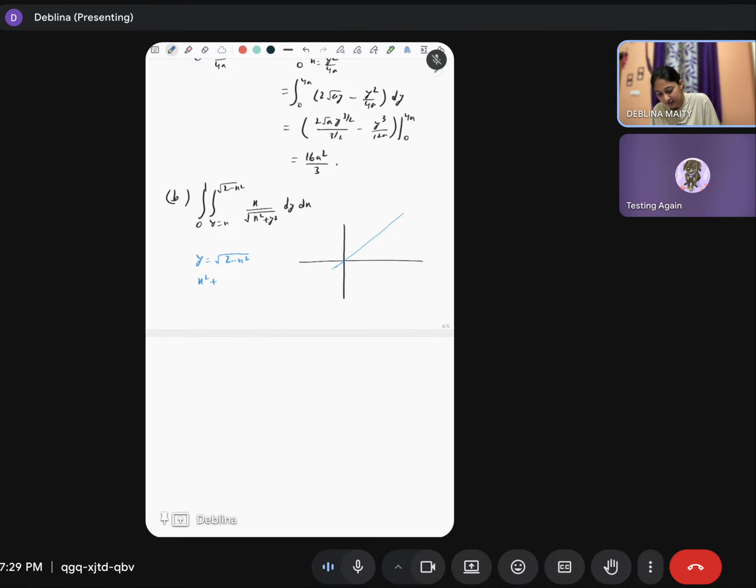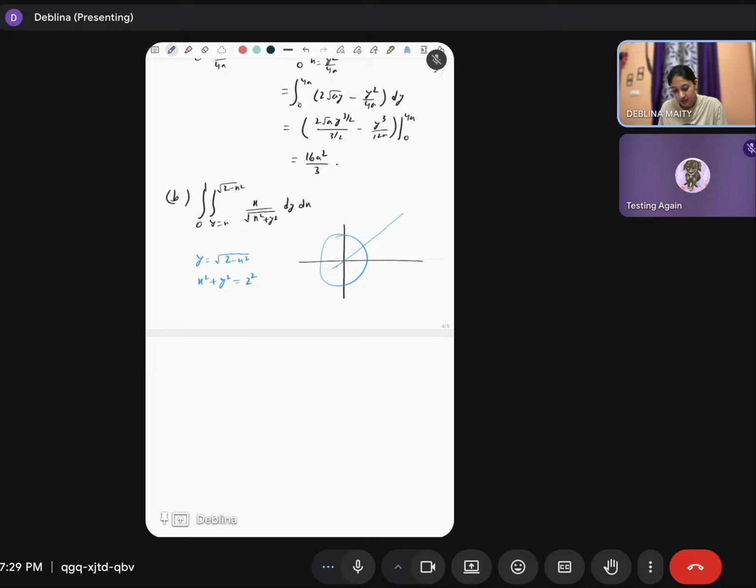This is actually a circle. It is going to be a circle, something like that.